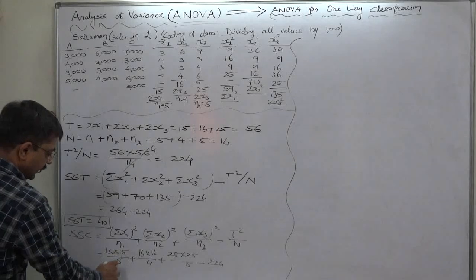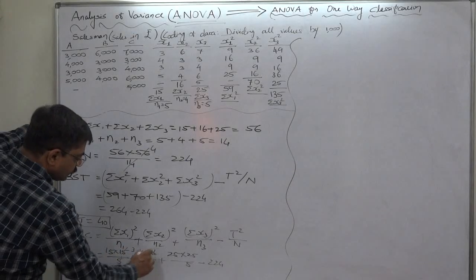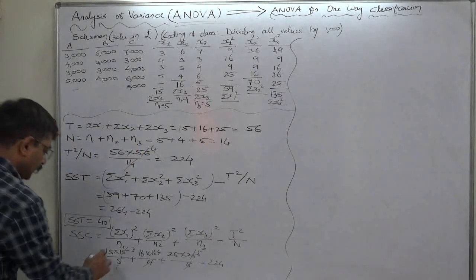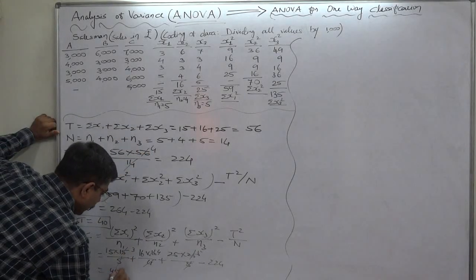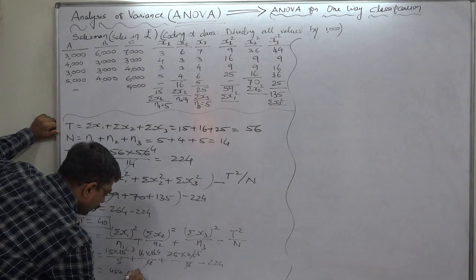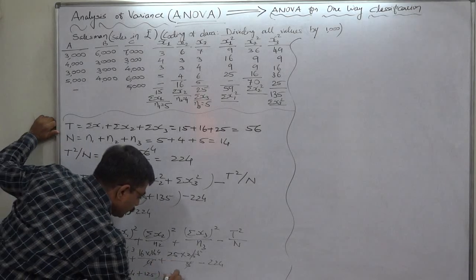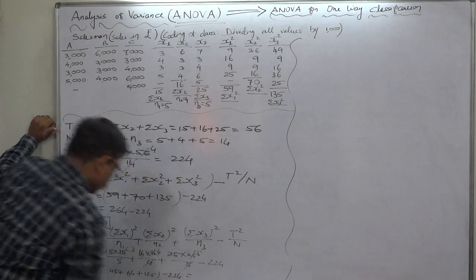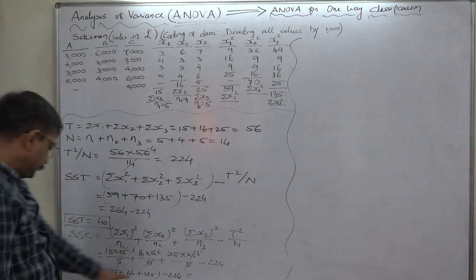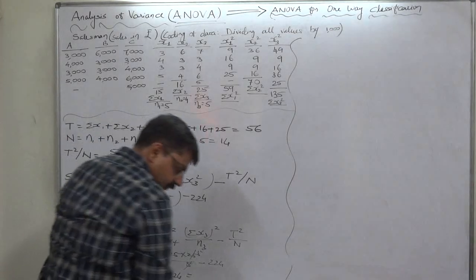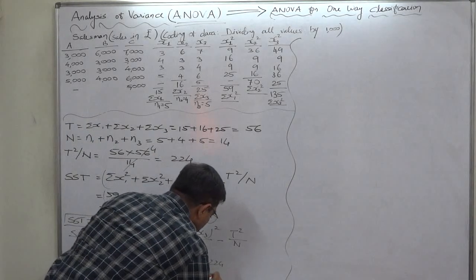Yes, this will be cancelled against 15 by 3, this will be cancelled by 4, this will be cancelled by... 15 into 3, 45 plus 64 plus 125 minus 224. So ultimately it comes to 234 minus 224.